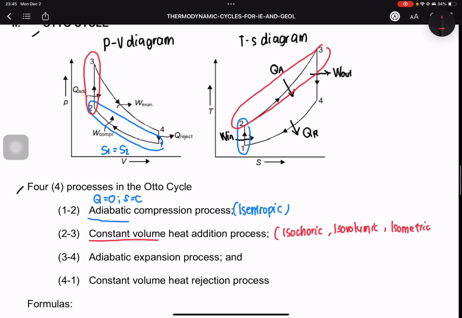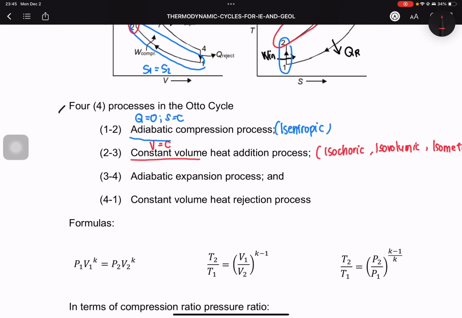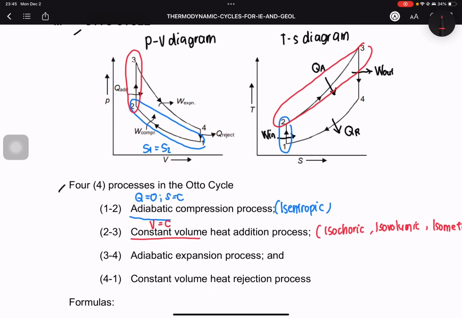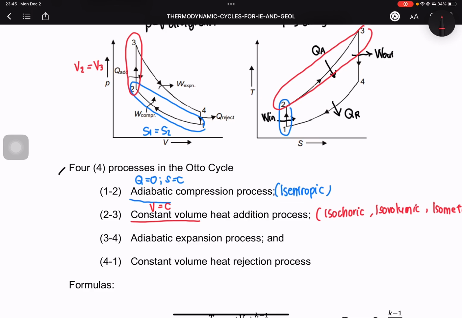Okay, either of the three pwede yan. Isochoric heat addition process, isovolumic heat addition process, isometric heat addition process. So, pwede po yan. Iba-iba. So, therefore, volume is constant. Okay? So, ibig sabihin po, ang ating volume 2 is equal to volume 3. Alright. Okay? Ayan.